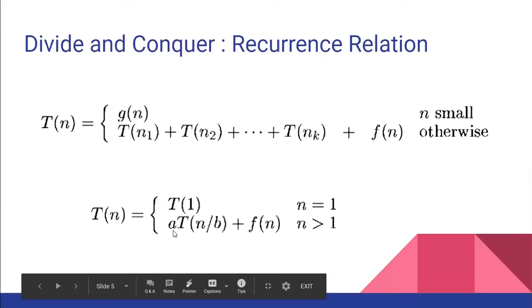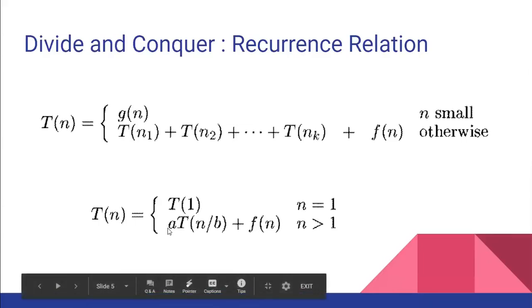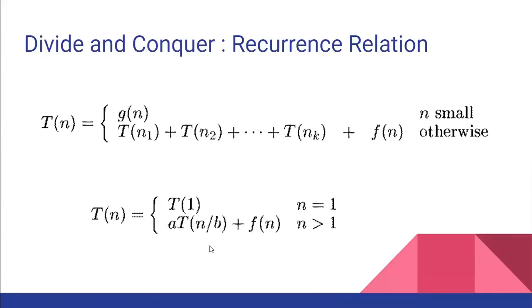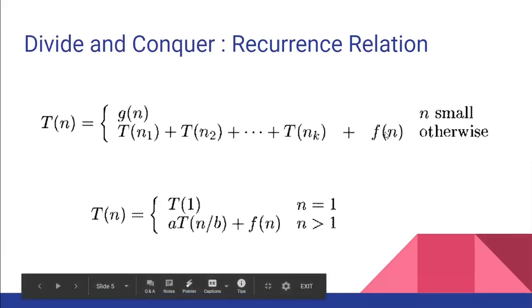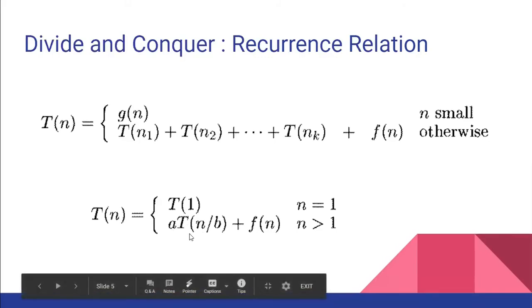So what is a in this case? A and b are known constants, where a is the number of subproblems and n by b is the size of each subproblem. And f of n, as in the earlier case, is the time required for dividing and combining the solutions of the subproblems.